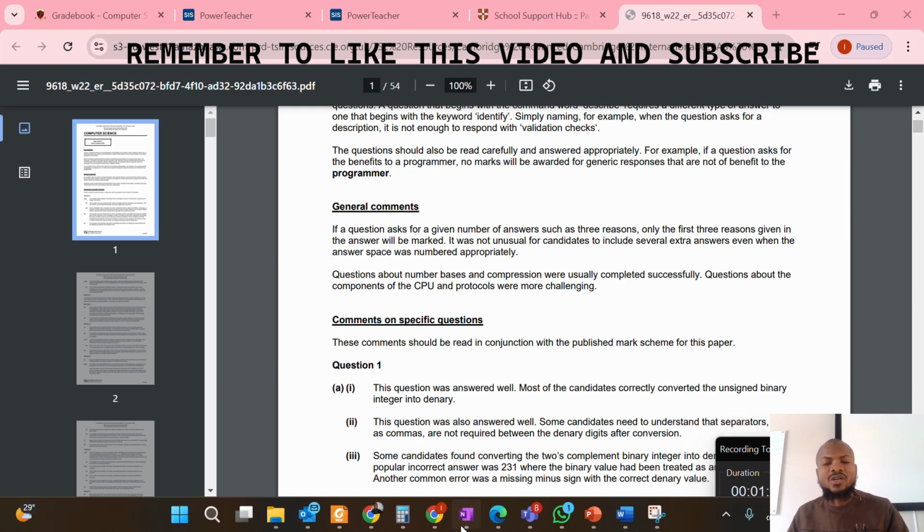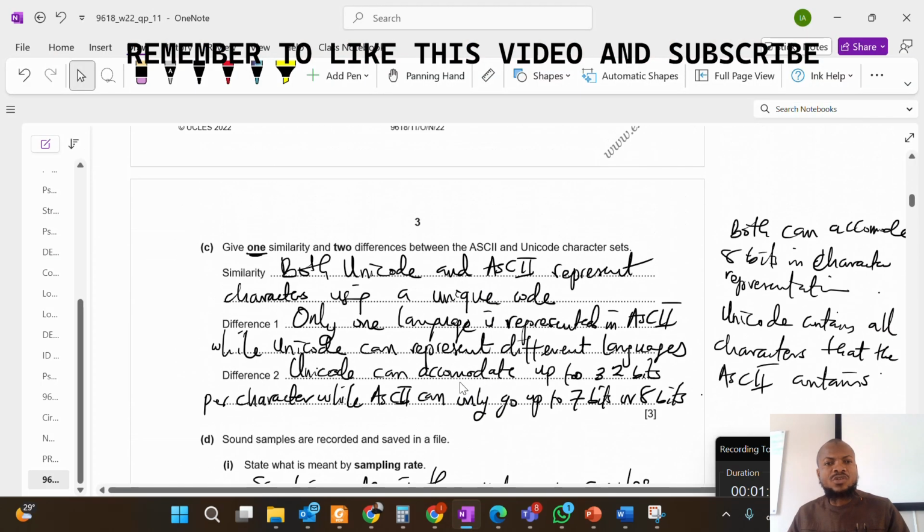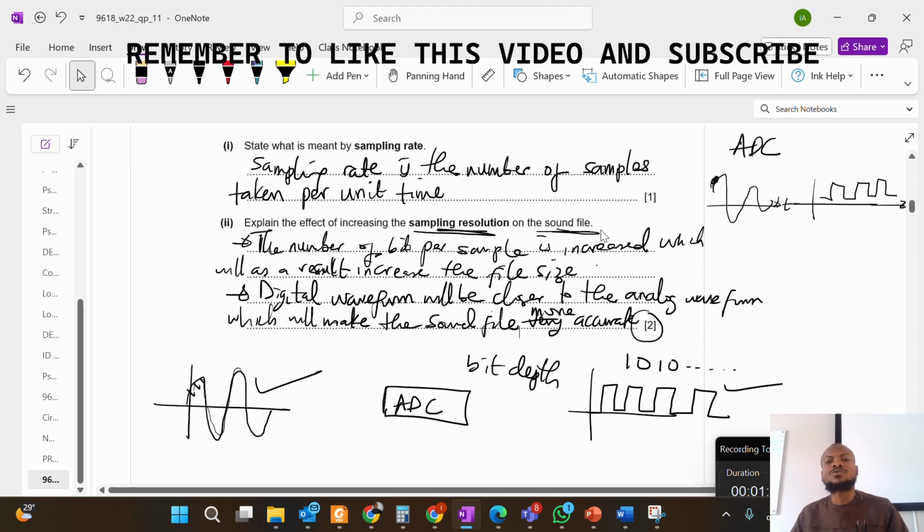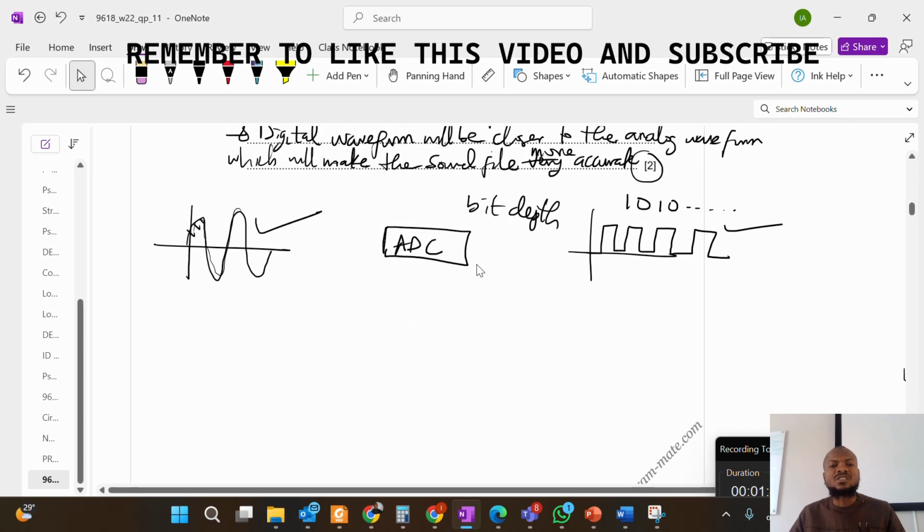So what does that imply? For example, if you are asked to explain the effect of increasing sampling resolution on a sound file, 2 reasons are expected. Some candidates will first write what sampling resolution is. Instead of writing the effect of increasing sampling resolution, they will start writing that sampling resolution is the number of this. You start seeing them writing a lot of stories. After writing all the stories, they will then start writing the effect of increasing sampling resolution, which is exactly what you see in that comment.